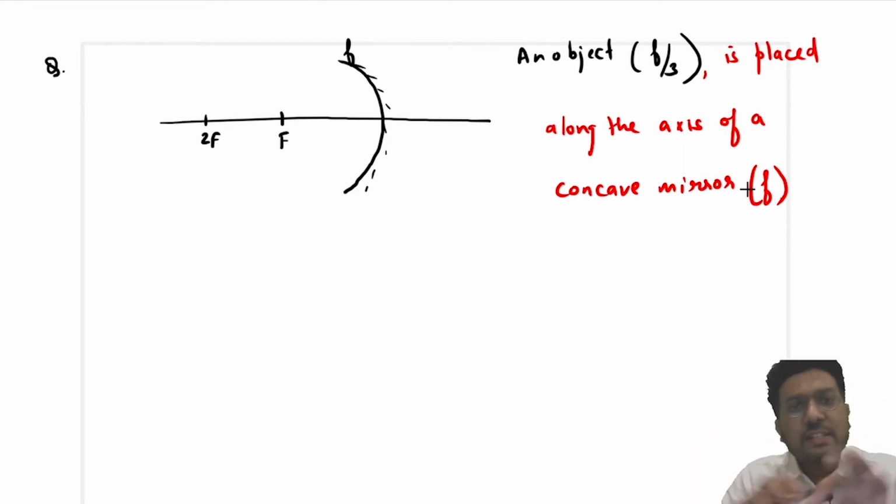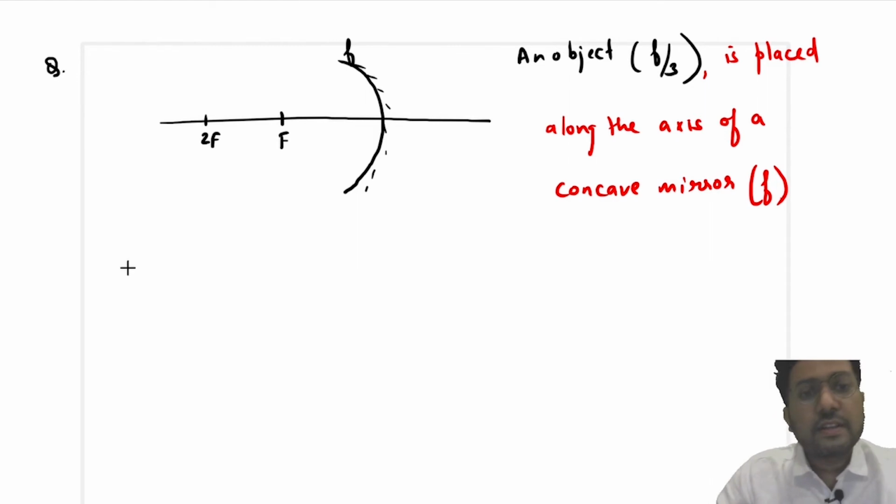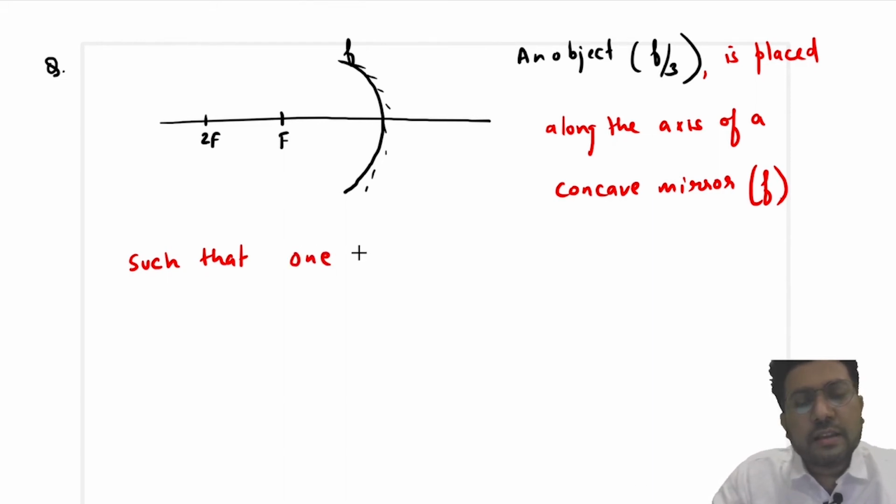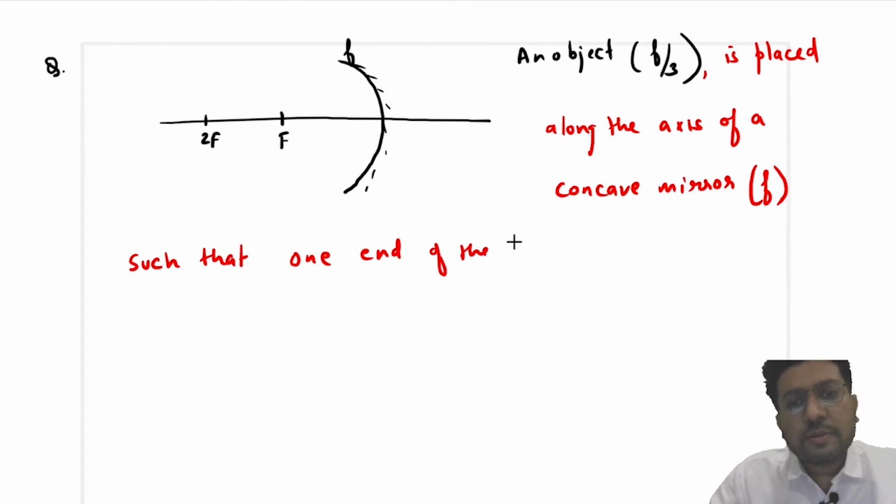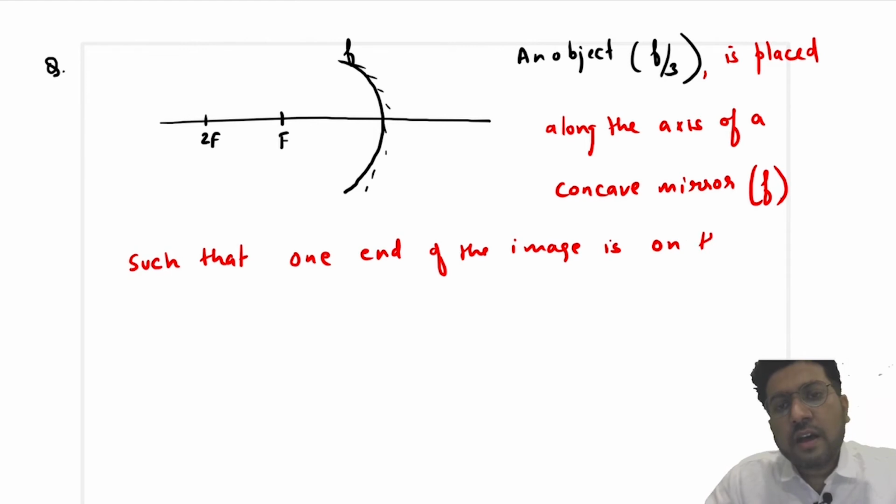So the object is placed along the axis of a concave mirror of focus f such that, listen carefully now, one end of the image is on the object itself.